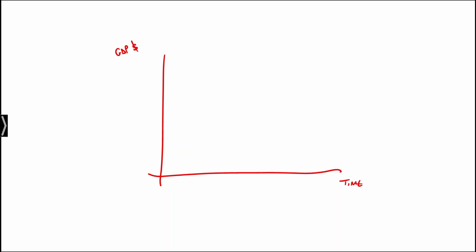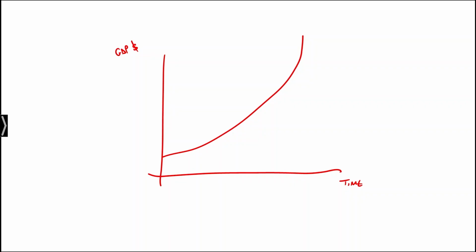Let's imagine we're looking at a trend model and we've got time on this axis and we've got GDP in dollars on this axis. Now GDP tends to grow at about 3 to 4% per annum, doesn't it? So what that means in dollar terms, the change would be getting bigger and bigger and bigger each period. In other words, we would be seeing something like that, which is no good if we're going to try and predict it with a straight line.